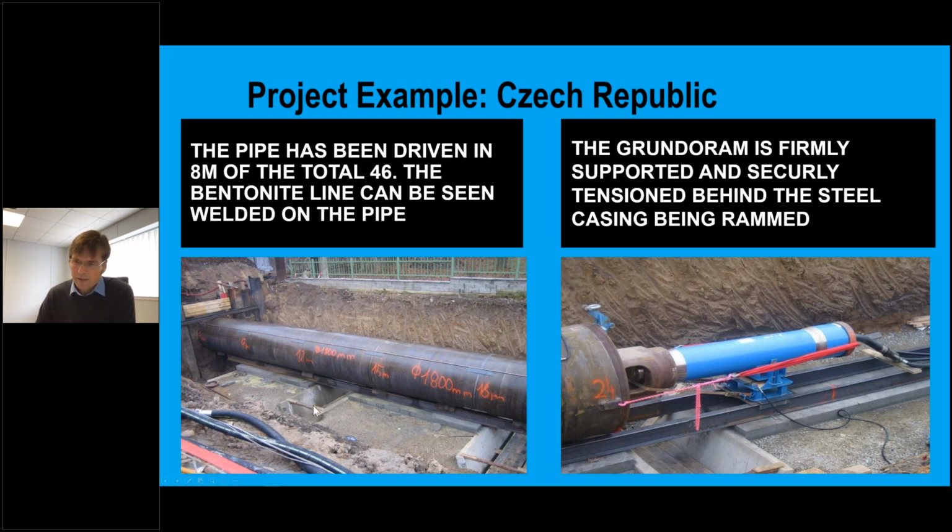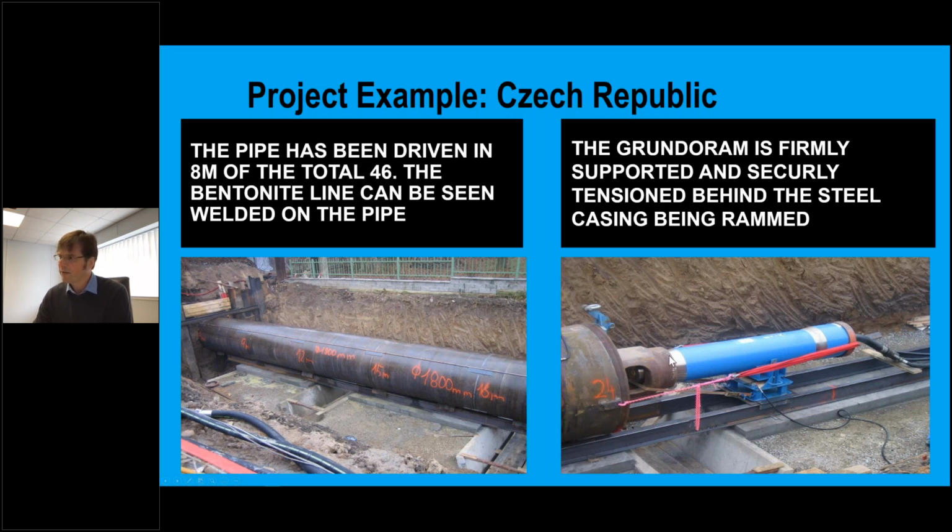Again, exemplary, and that's why we're showing it, are these welding sumps. Because as you can see here on the right-hand side, the first pipe that was laid out was actually 24 meters.